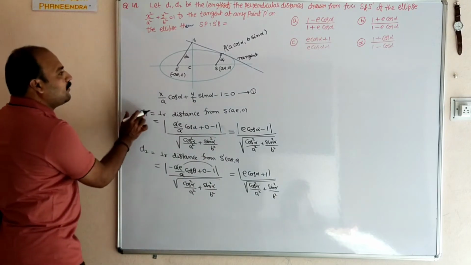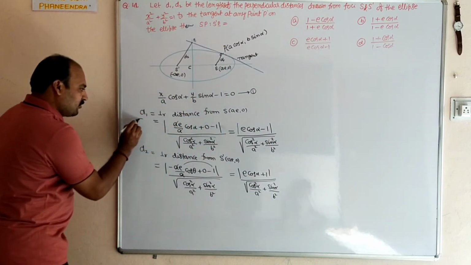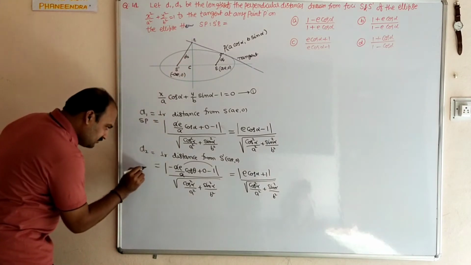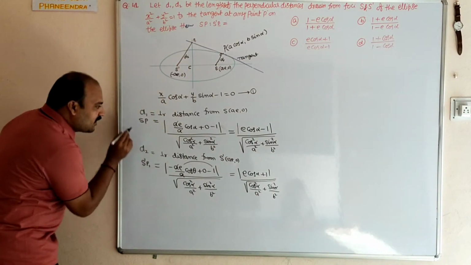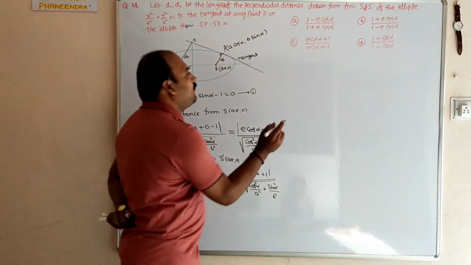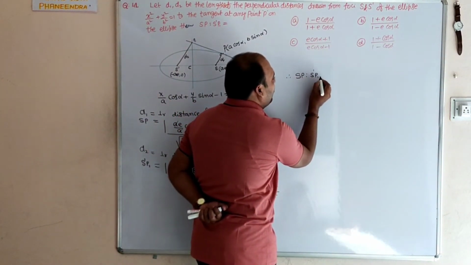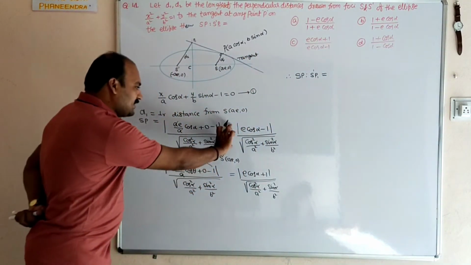This D1 means SP. This is SP. D2 means what? S dash P1. So that's what they are asking, the ratio of these two. Therefore the required ratio SP is to S dash P1 is equal to the ratio of this distance and this distance.